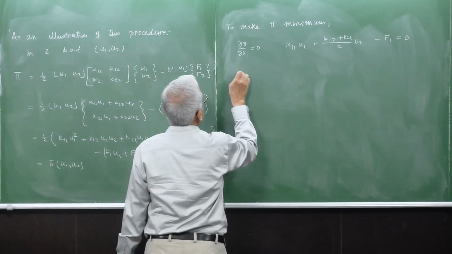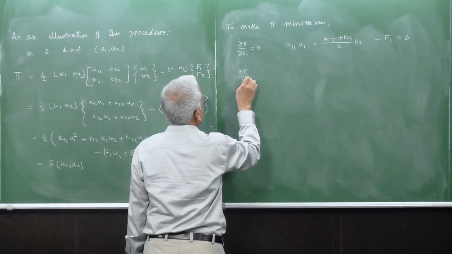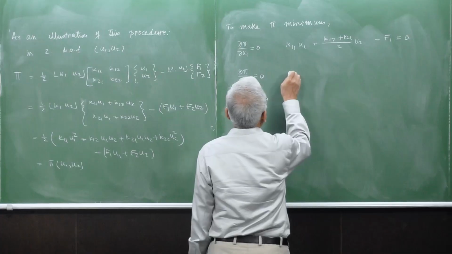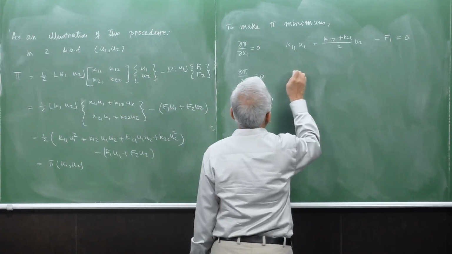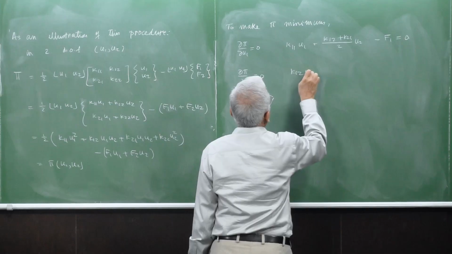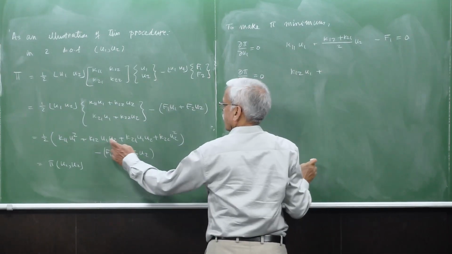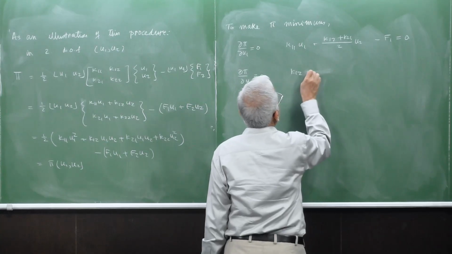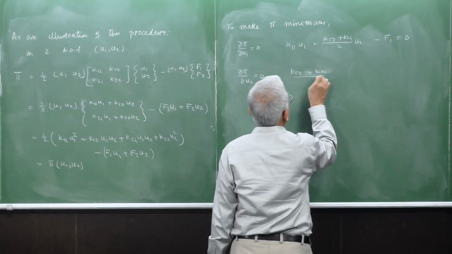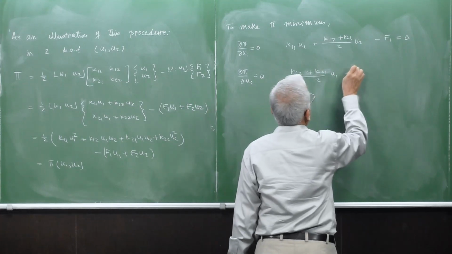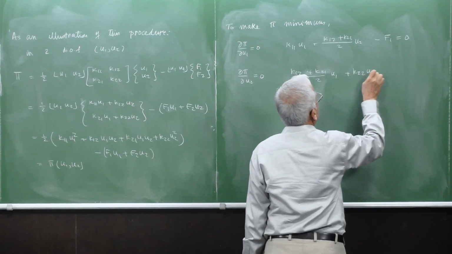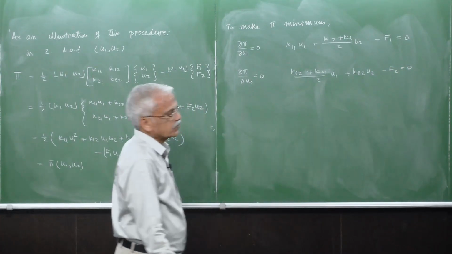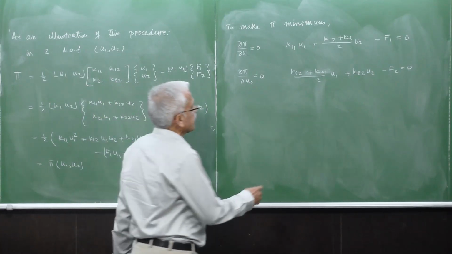Similarly, we have the second equation with respect to U2, which is K12 U1 and K21 U1 terms, with K22 U2. This is in longhand, and we can combine them.